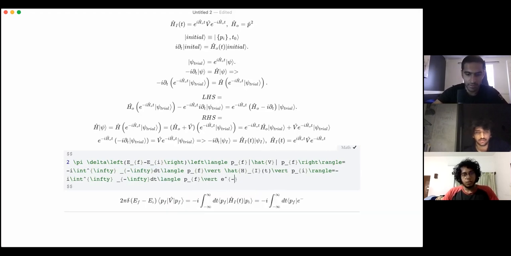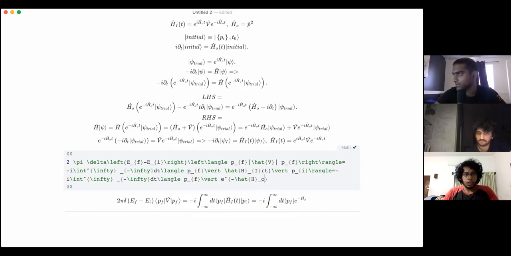The P's are eigenstates of the free Hamiltonian. That means the energies of the P states are just coming from the free Hamiltonian.